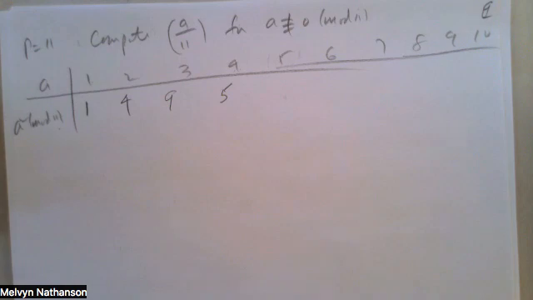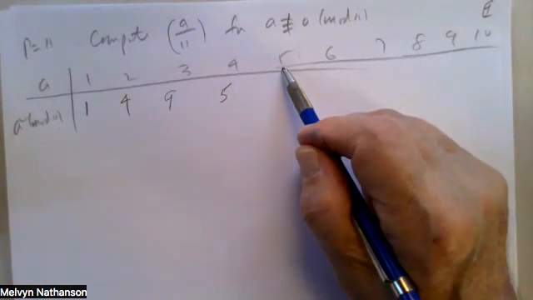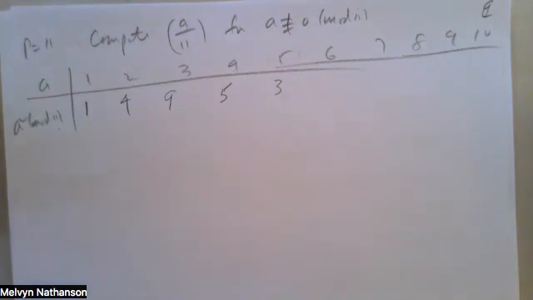Is it 3 mod 11? Yeah. 5 squared is 25, minus 22 is 3. 25 minus 11 is 14, and then 14 minus 11 is 3.